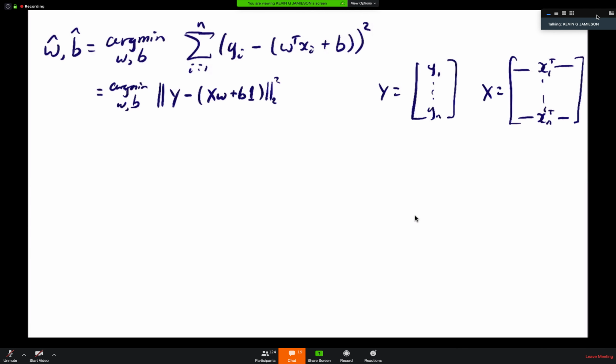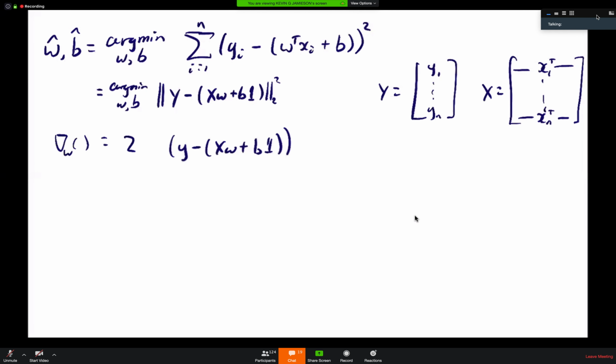And now, if I take the derivative of this with respect to w, I get 2 times (y minus xw plus b1) transpose x.